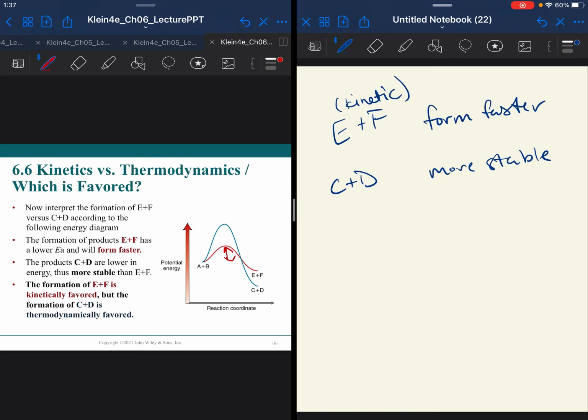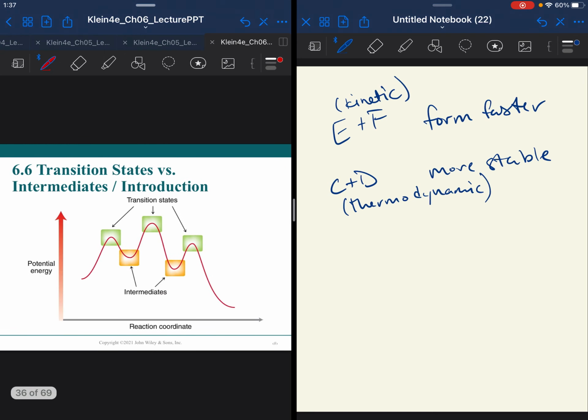There is a kinetic favored product and there's a thermodynamic favored product. What's cool about these relationships is it gives you control, right? There are ways to manipulate a reaction to get the kinetic product or to get the thermodynamic product. And so that's why we have to discuss these terms up top before we get into specific reactions like this.